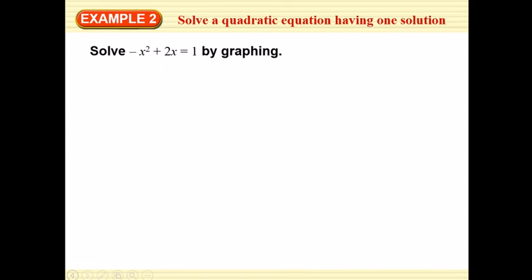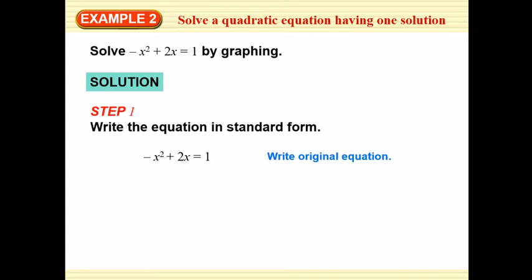Alright, example 2. Solve this quadratic equation by graphing. Alright, so step 1, put it into standard form. And we do that by subtracting 1 from both sides. And personal preference here, I see that a is -1, and I don't particularly care for that.